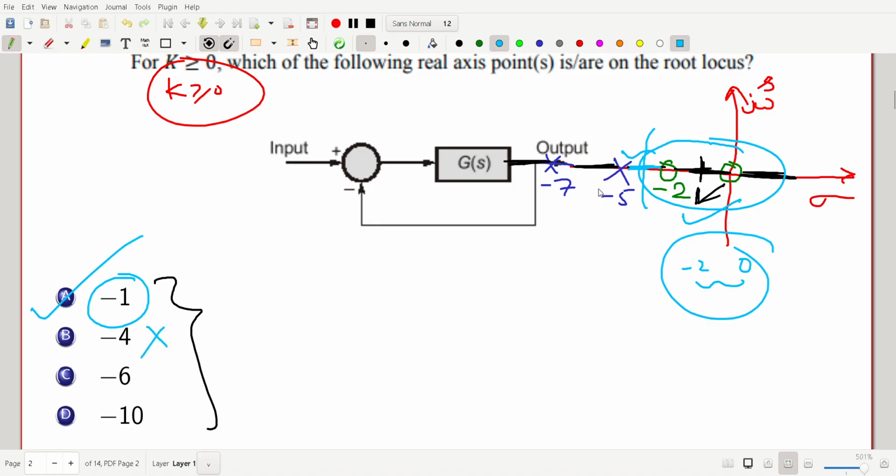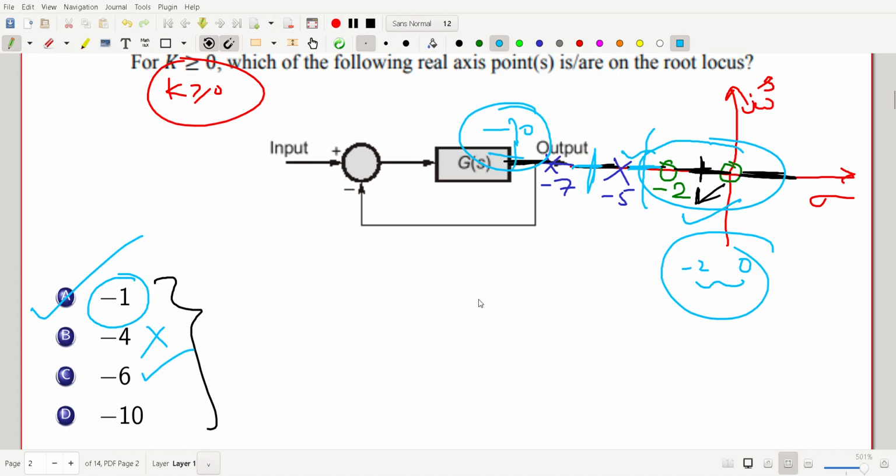Then coming back to -5 to -7, if you look here, we have 3 to the right: 2 zeros and 1 pole. So this branch will lie on the root locus. For -10, which lies beyond -7, it will also not be part of this.